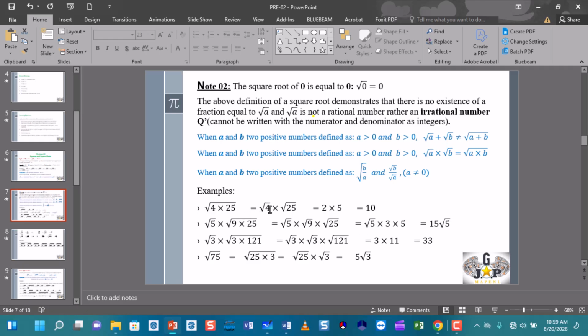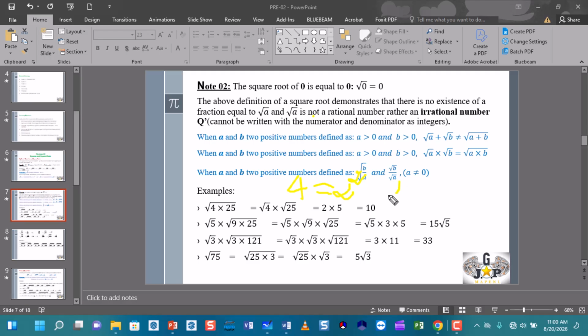Remember, I told you that 4 and 25, in this case plus 9 at this moment, are called square numbers. They're square because from them you can get a perfect square, or you can write them into an exponential expression. By that I mean that the exponential expression of 4 is 2 exponent 2.